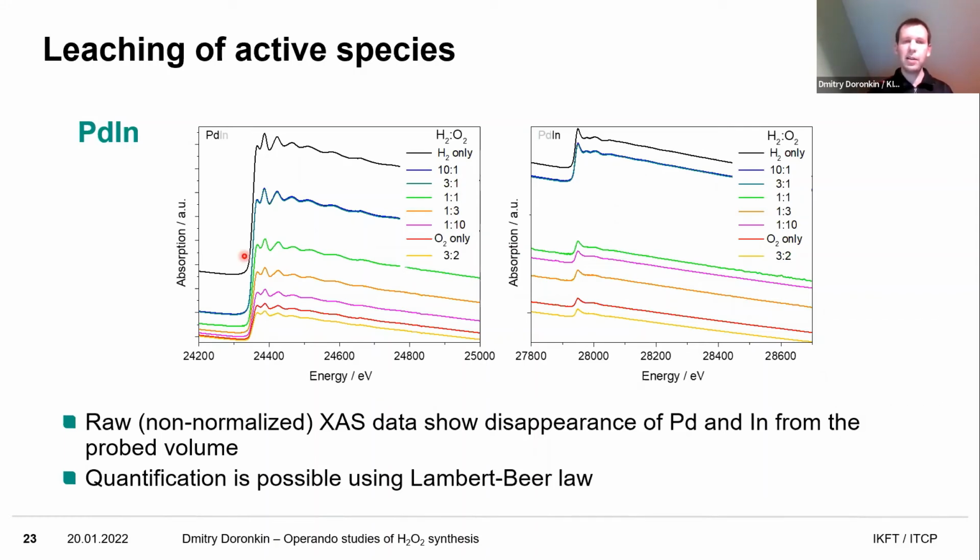So by itself, it's not usable, but if you now normalize it per total absorption of the catalyst bed and correct for the absorption by the X-ray windows, now you can quantify the amount of palladium and also the amount of the second metal. As you can see, for palladium indium, it's not very stable.